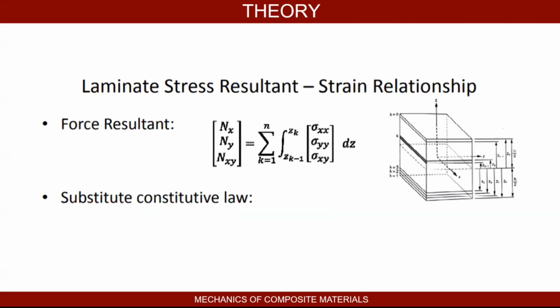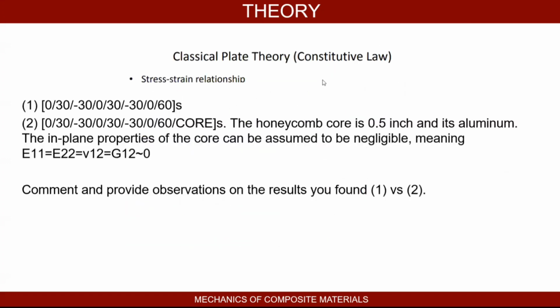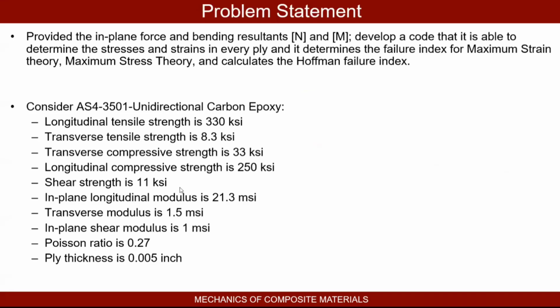So again, driving to the desire to find ply-by-ply stresses and strains. And a decent way to think about that is, going back to the problem statement, we have found allowables for the lamina, and we want to have an opportunity to compare what we're getting in the actual design for a ply-by-ply stress and strain to these allowables, which are per ply.